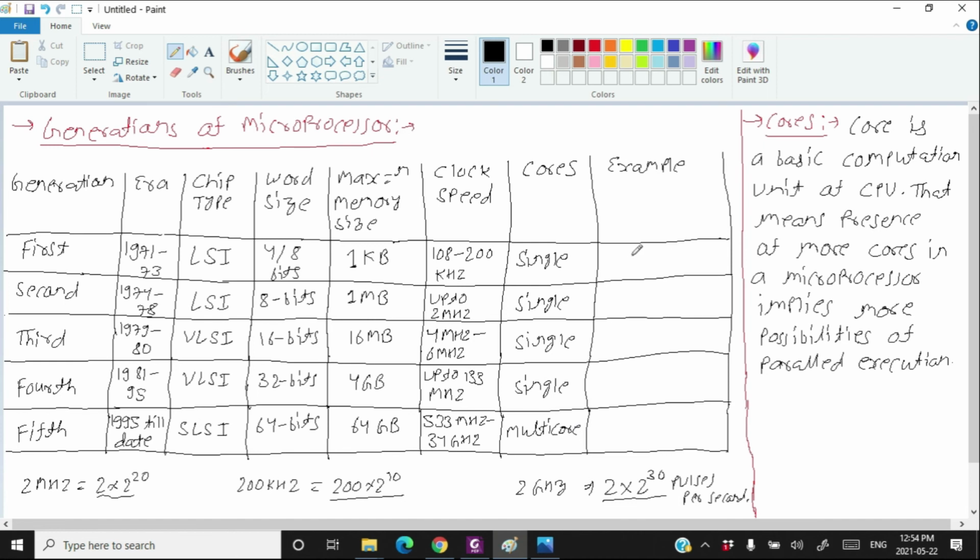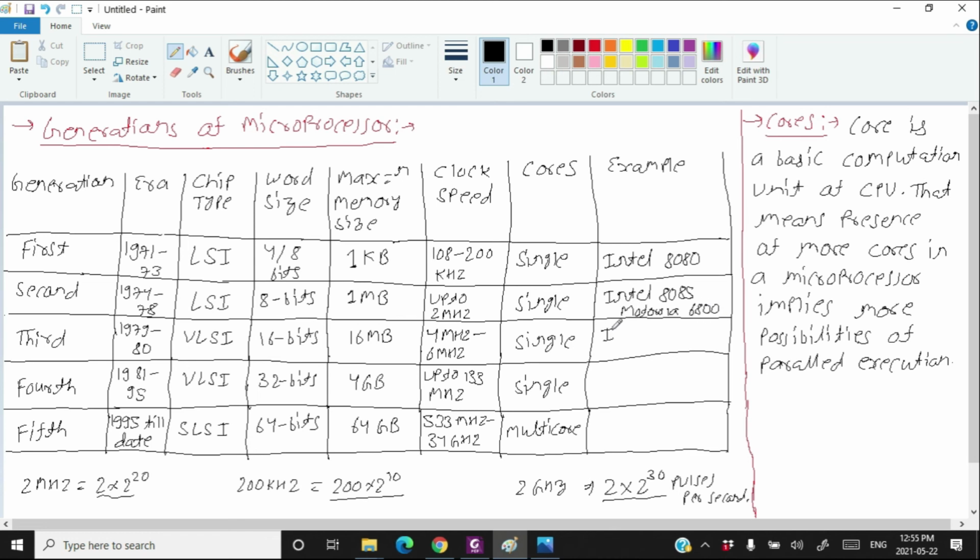Now, a few famous examples of microprocessors of each generation. A famous microprocessor of the first generation is Intel 8080. A famous microprocessor of the second generation is Intel 8085 or Motorola 6800.